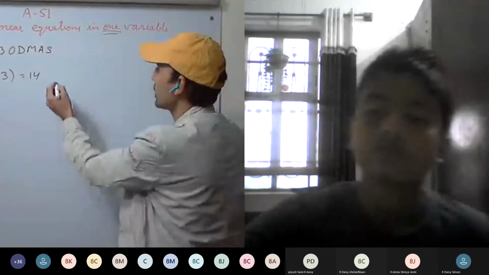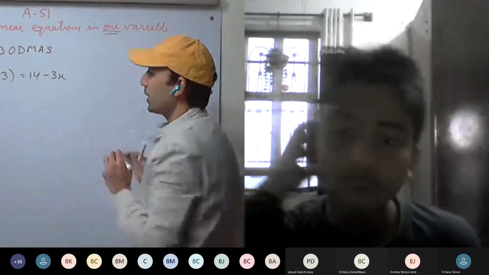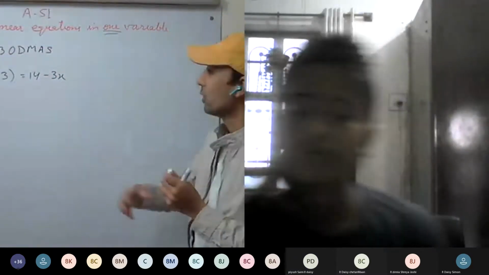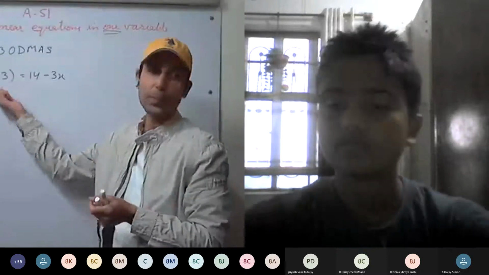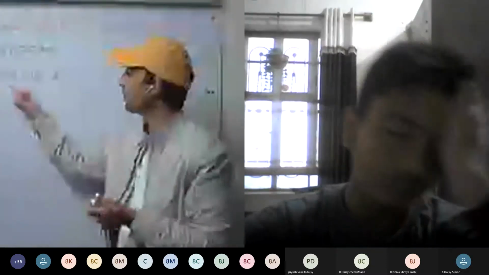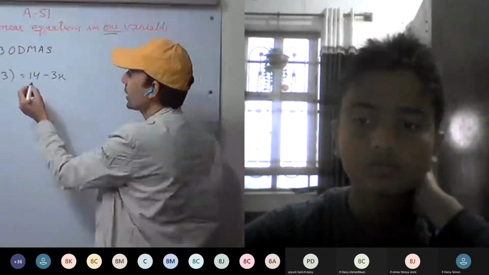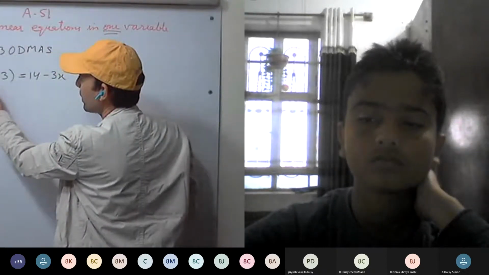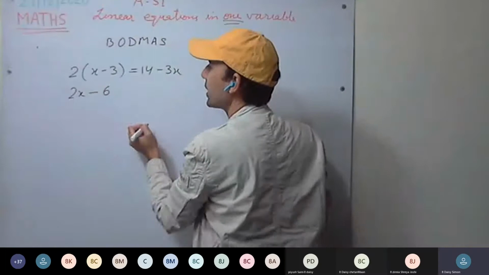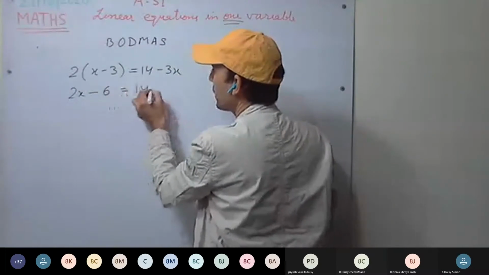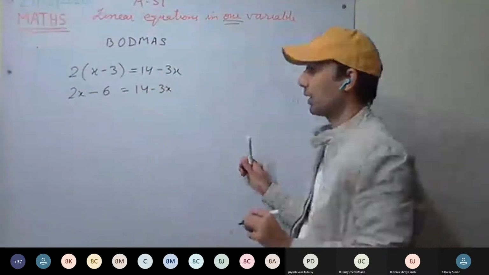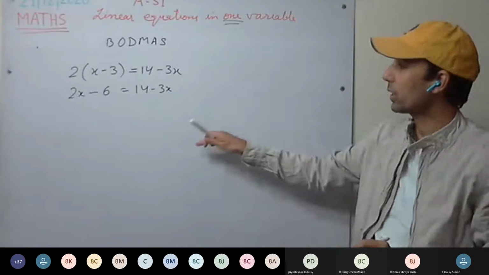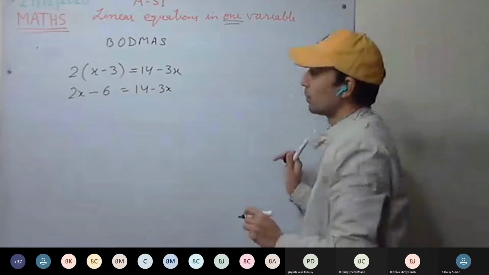Now see here what you will do. First, we solve the left hand side. We have to open the bracket first. So what you'll be getting? 2x minus 6 equals 14 minus 3x. Put x on one side, all the numbers on the other side.